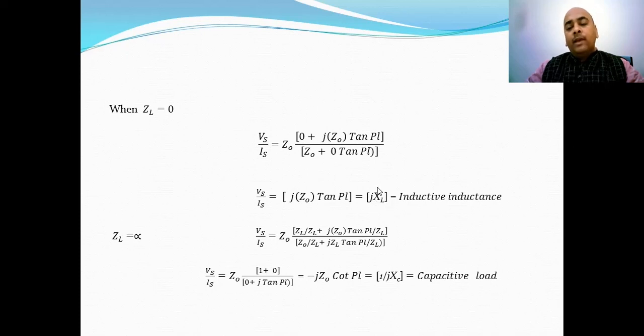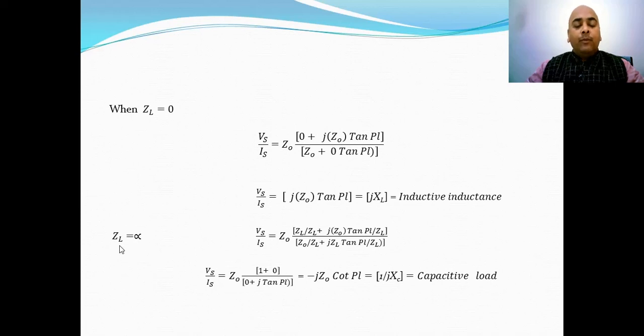So from here we can conclude that the inductive impedance XL of a transmission line is proportional to Z naught tangent of PL. So by varying the length of the transmission line, we can obtain an inductive impedance of the desired value.